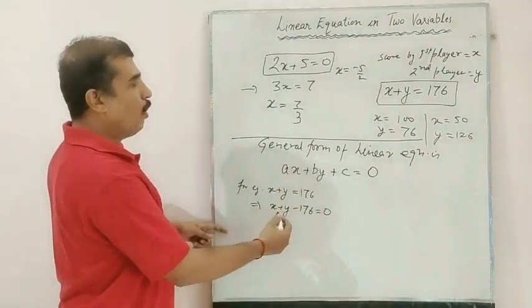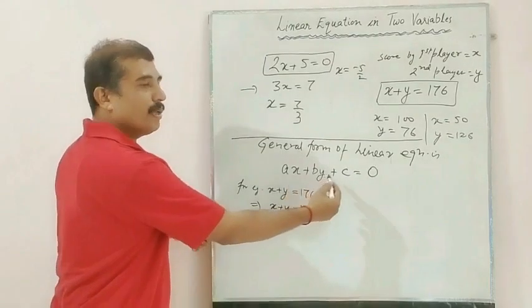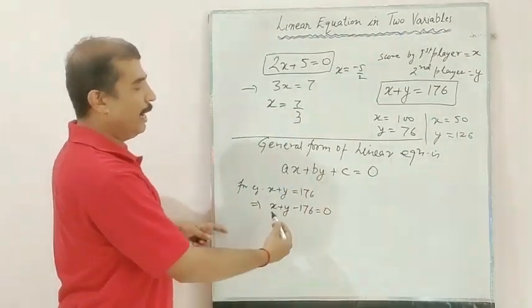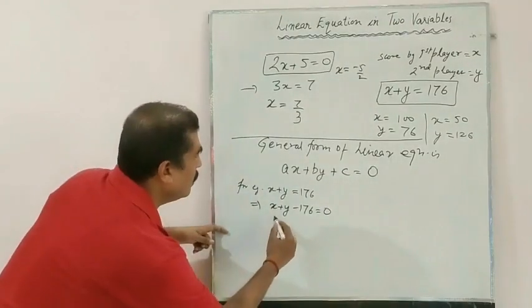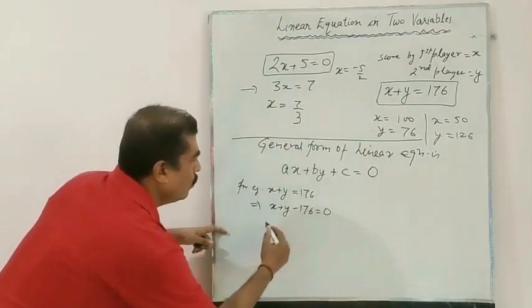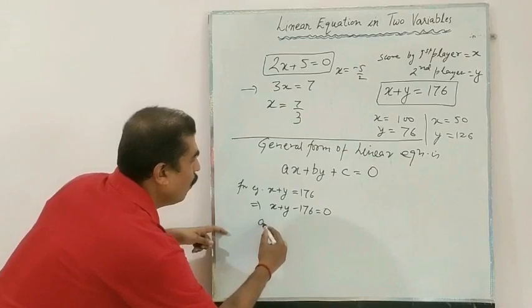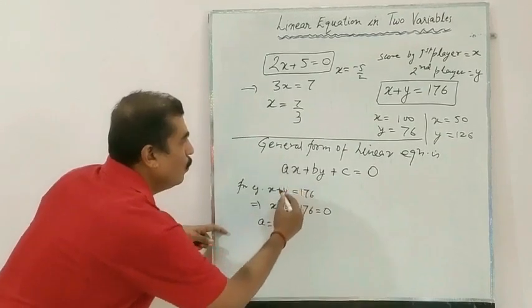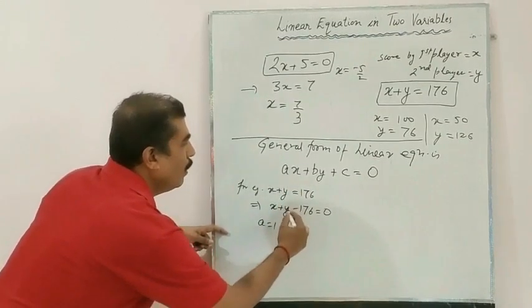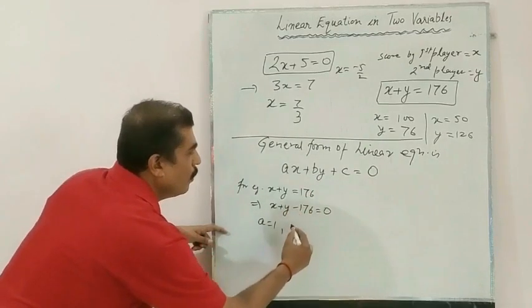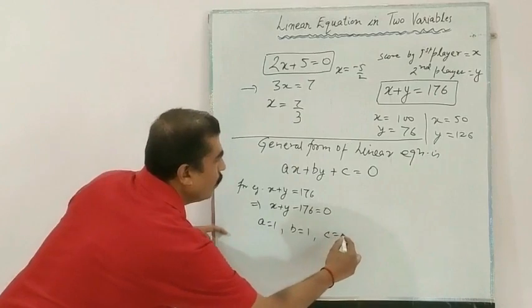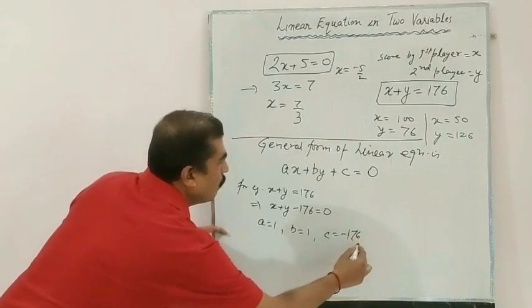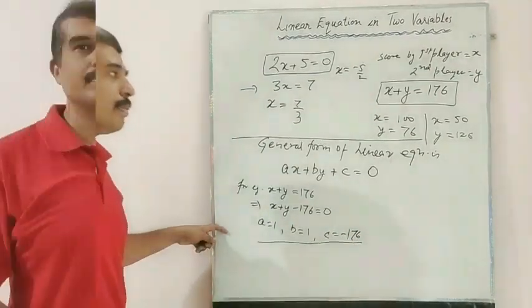So if we compare the equation ax plus by plus c is equal to 0 and x plus y minus 176 is equal to 0, we can find that the value of a will be equal to 1, the value of b is equal to 1, and the value of c is equal to minus 176.